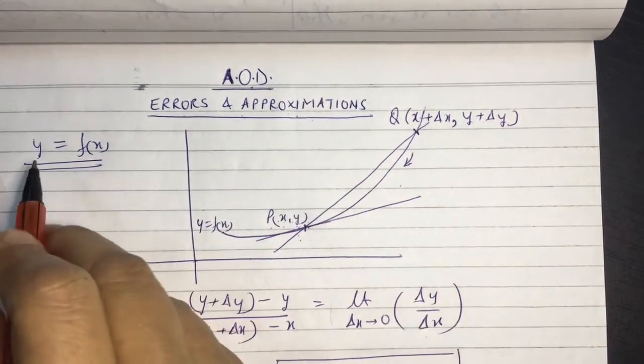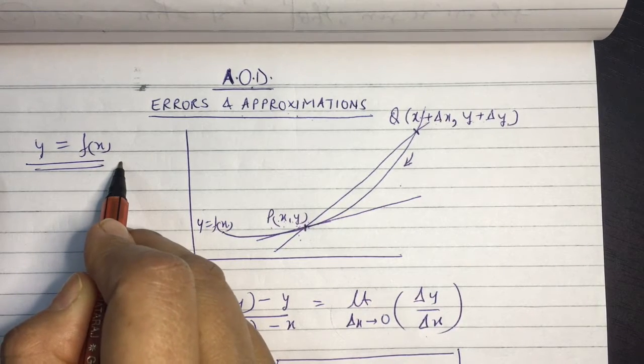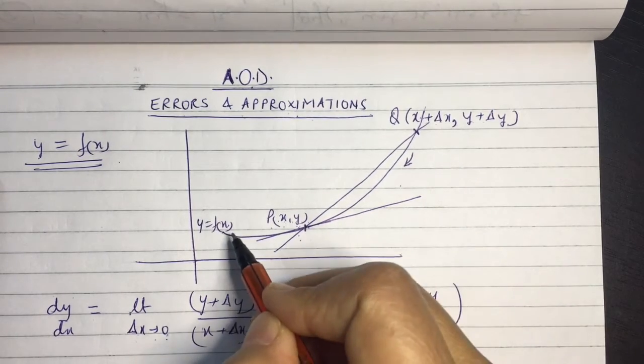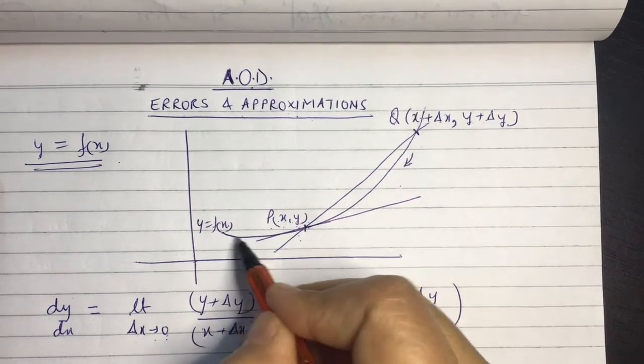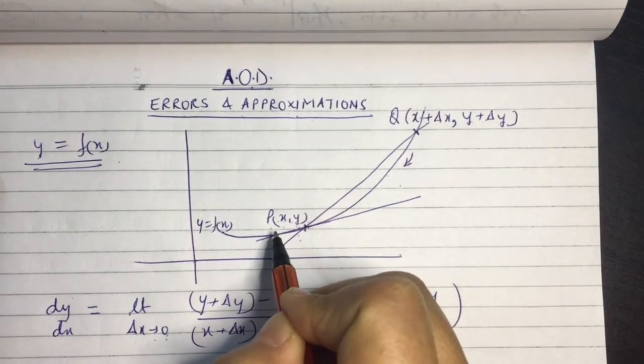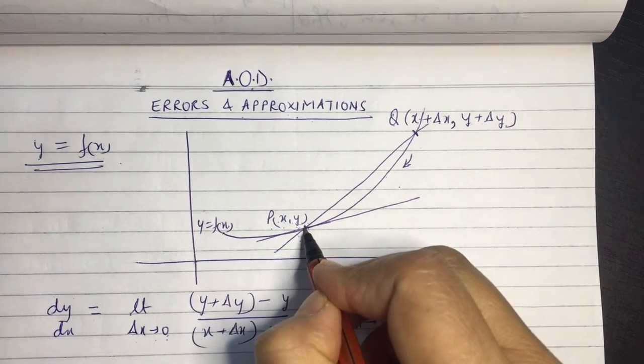So consider the function y equal to f of x. Let its graph, or the curve which corresponds to this, be something like this. So we draw the curve y equal to f of x. Consider a point P having coordinates x, y on this curve.